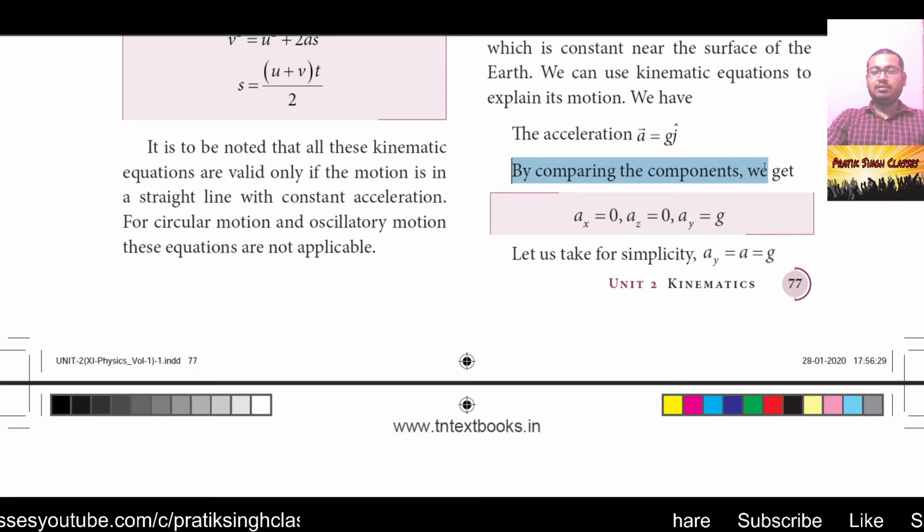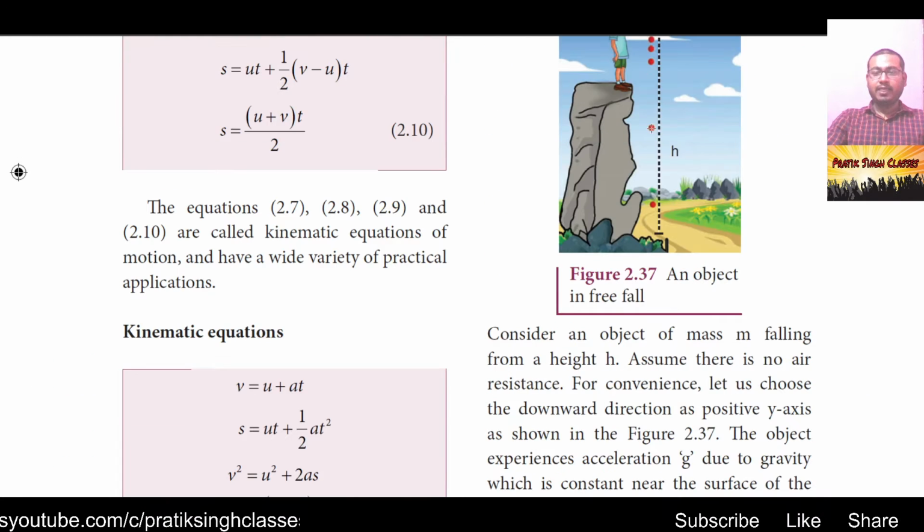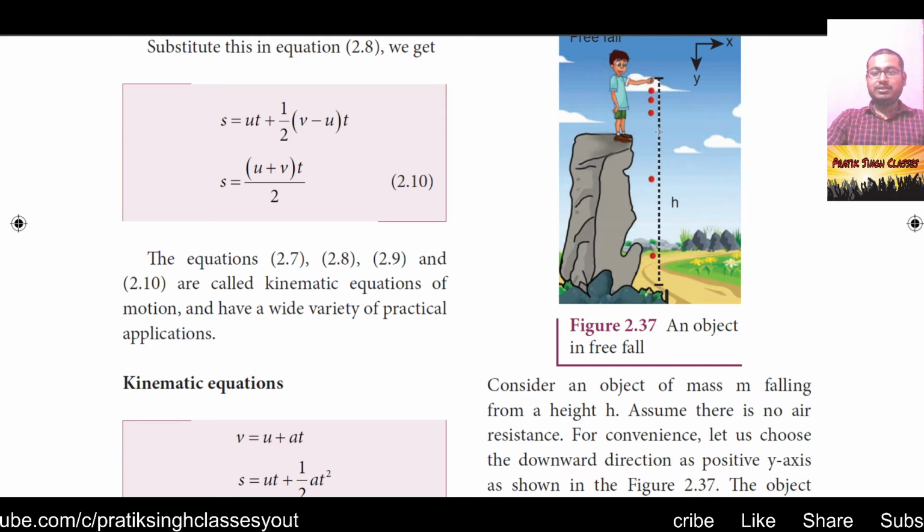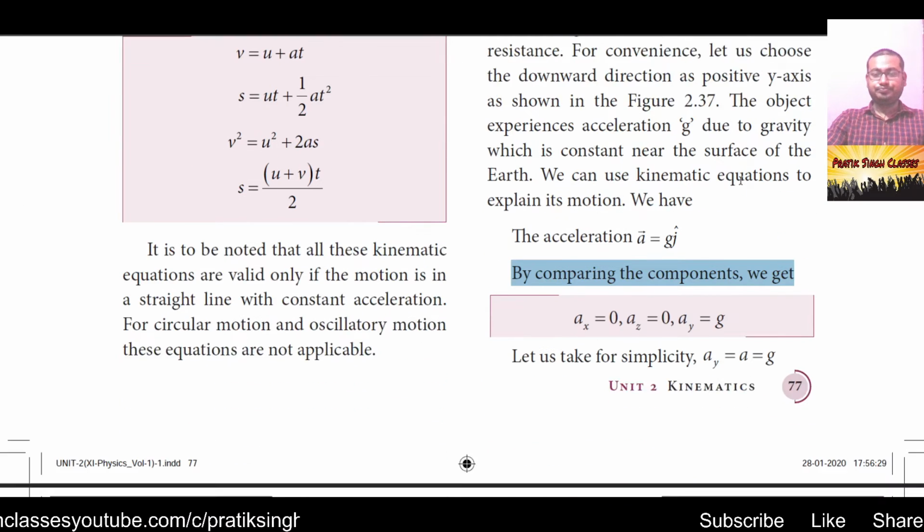By comparing the components, we get: a vector can be written in its component form as vector A equal to AX i cap plus AY j cap plus AZ k cap. Because the ball is moving only in the positive y-axis direction, its x-axis movement is 0 and z-axis movement is 0.